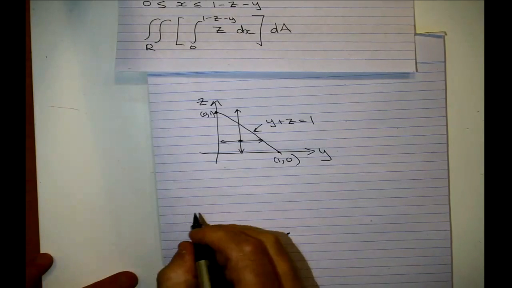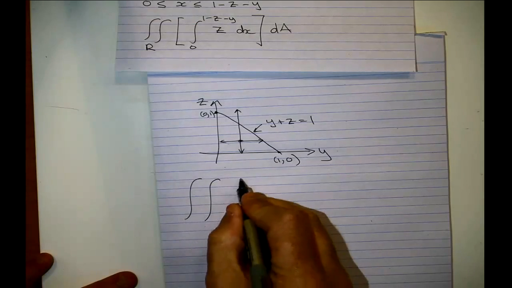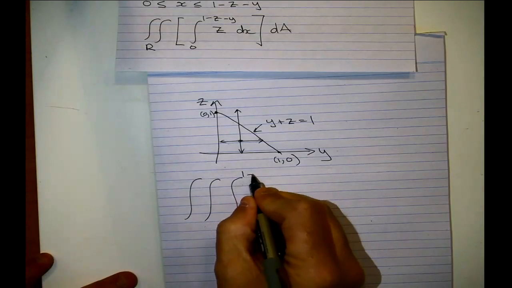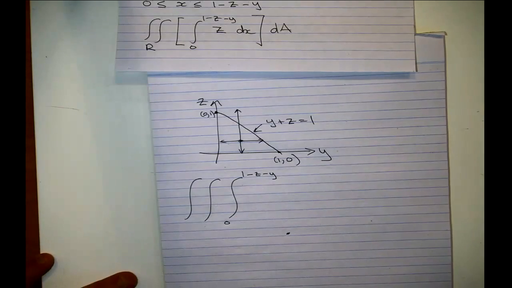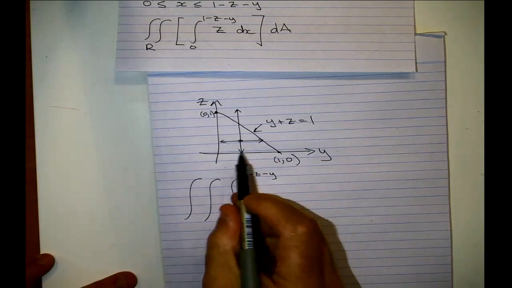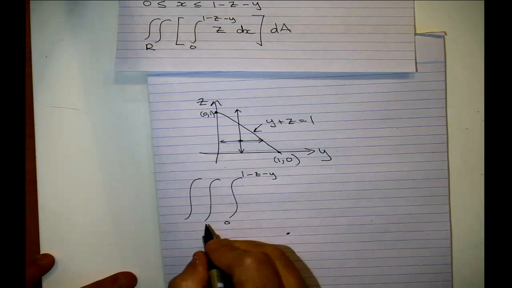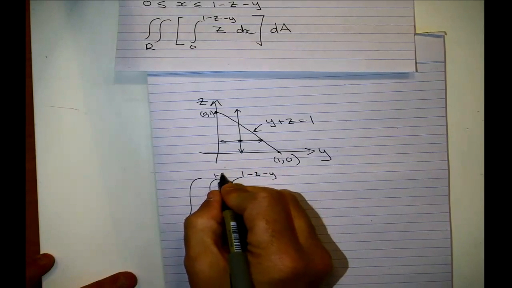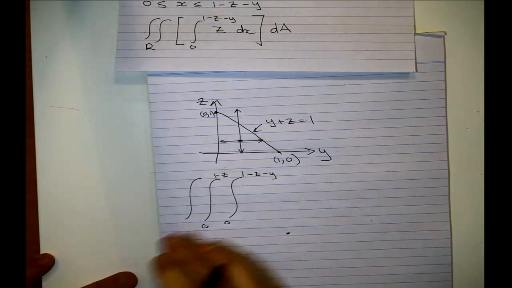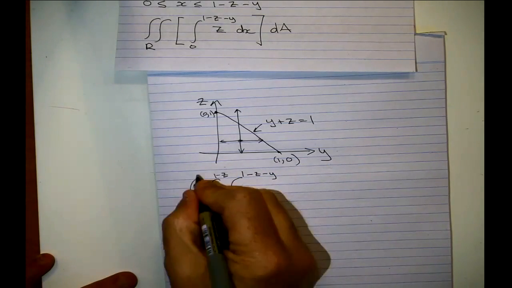So I'm going to do it like this. My first iterate, I've already decided: small sweep in y, so y goes from 0 to 1 minus z, and then z goes from 0 to 1.